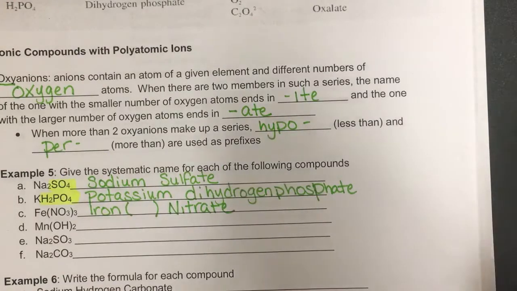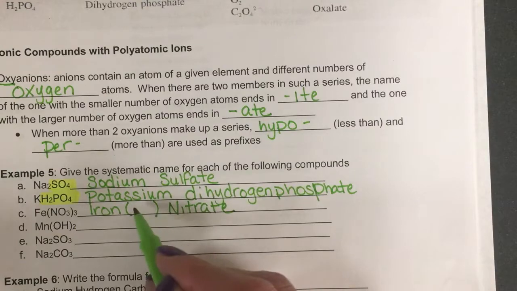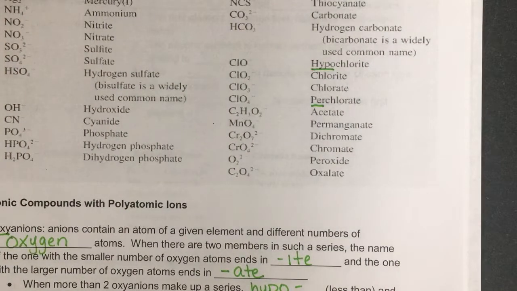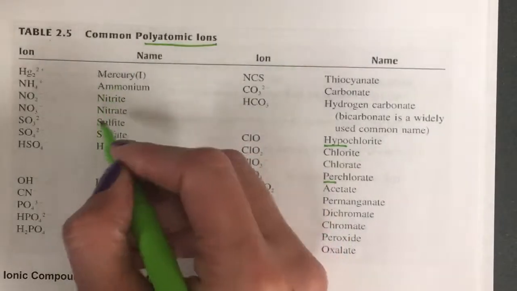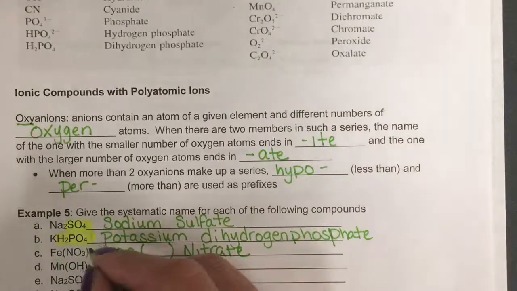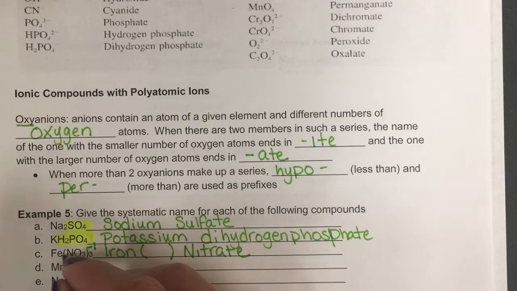Okay. So now I need to figure out the charge on iron to put in the Roman numerals. So if I look here, nitrate always has a -1 charge. And I've got 3 of them. Remember, this one goes across.